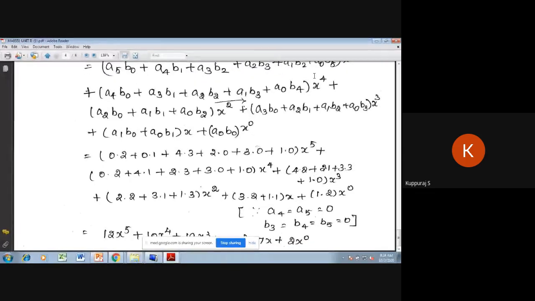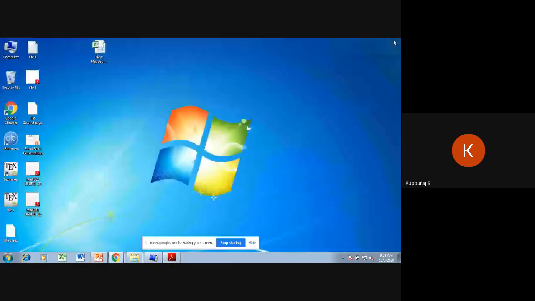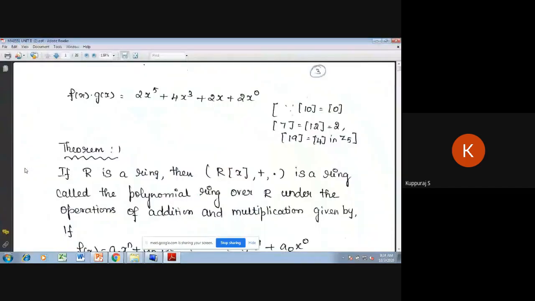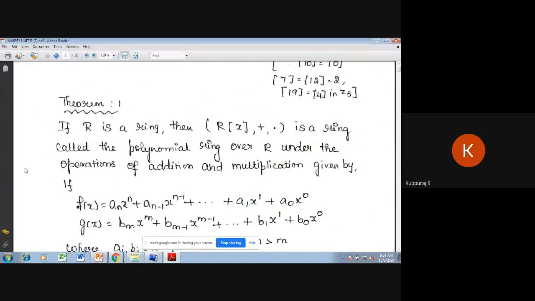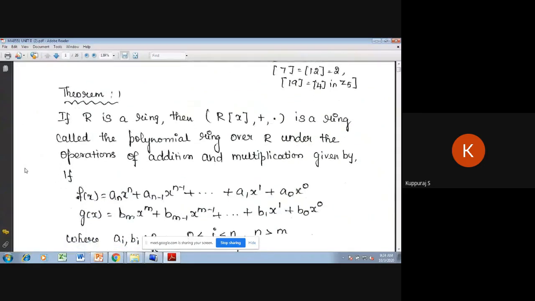And also we have discussed the polynomial rings under the operations of addition and multiplication. We also discussed one theorem.